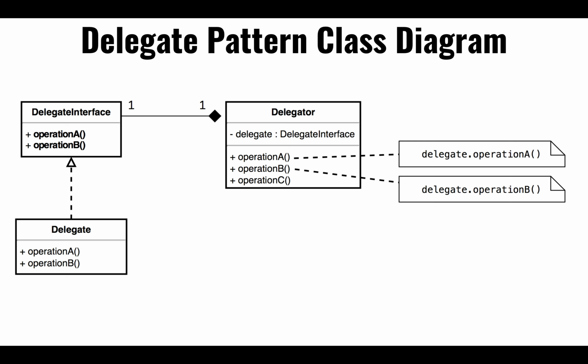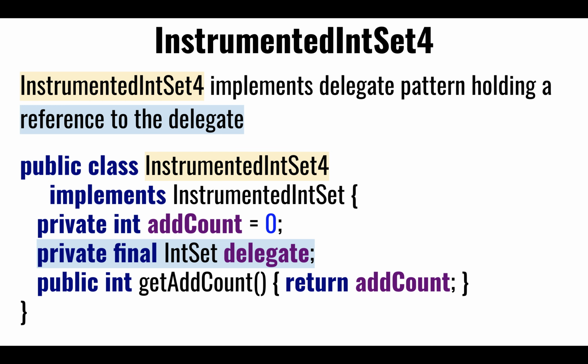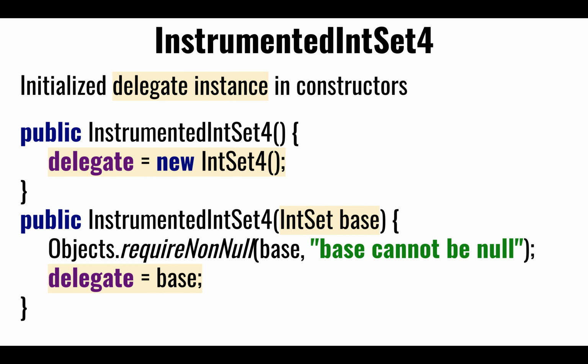Notice our constructor is indeed accepting inset, and that inset could be implemented by any class that you pass in. Now, by default, it's using inset 4 if you don't tell it which one, but you can tell it by passing it through the constructor. That's it.